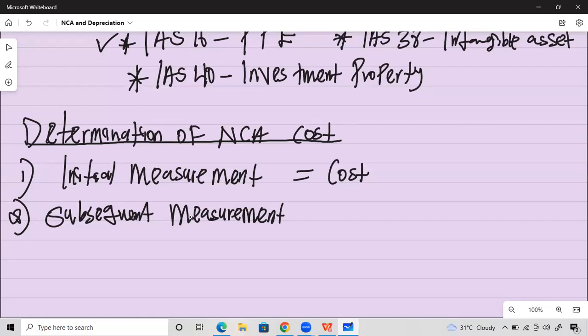Initial measurement of asset is at cost. But subsequent measurement can either be cost, what we call cost model, or revaluation model.